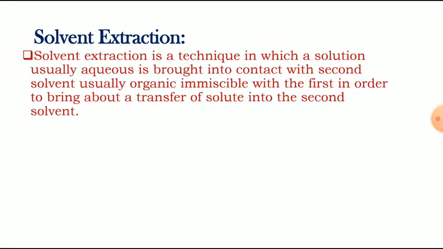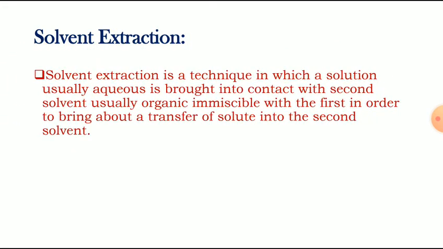Solvent extraction is a technique in which a solution, usually aqueous, as I told you, is brought in contact with a second solvent, usually organic, immiscible with the first, in order to bring about a transfer of solute into the second solvent. That means we are taking a two-phase system: the first will be the aqueous phase and the second will be the organic phase.